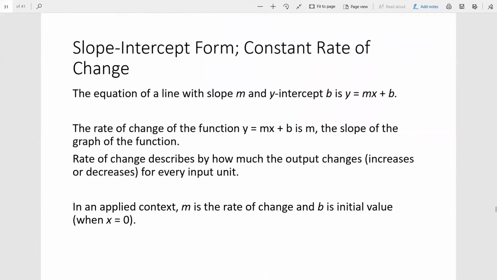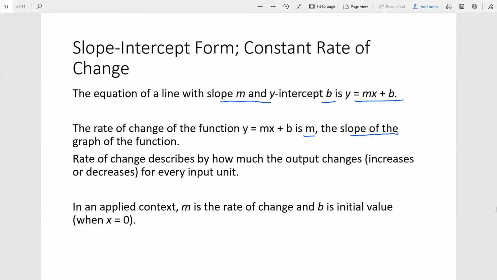Now we're going to talk a little bit more about the slope-intercept form of a line and the constant rate of change. The equation of a line with slope m and y-intercept b is y equals mx plus b. The rate of change is m, which is the slope of the graph of the function.